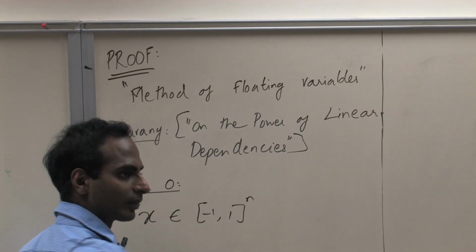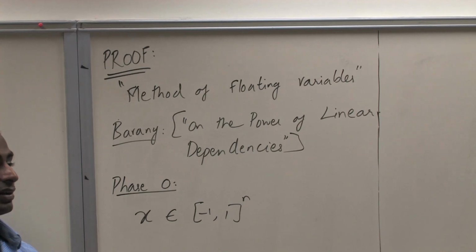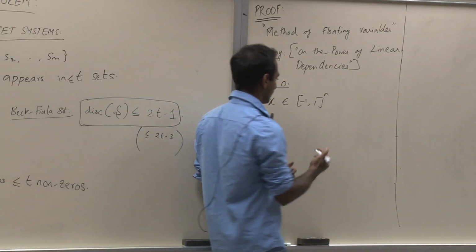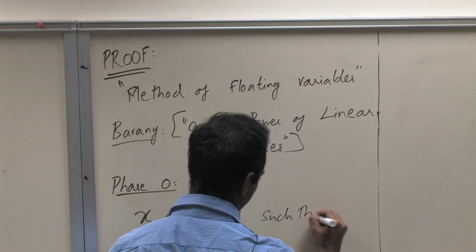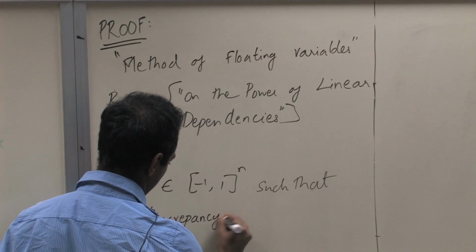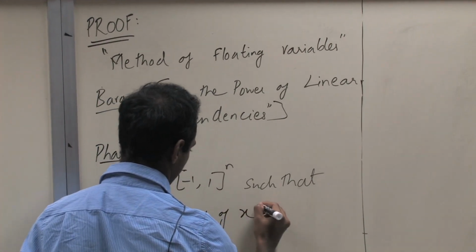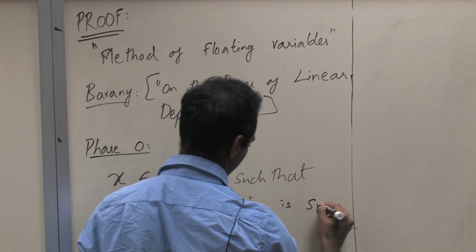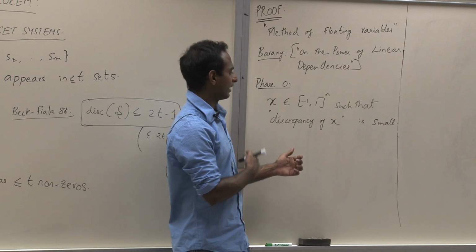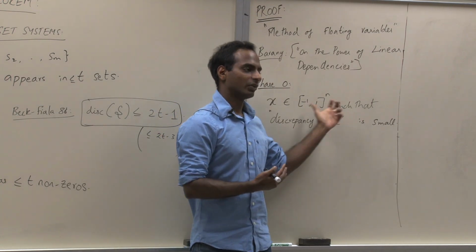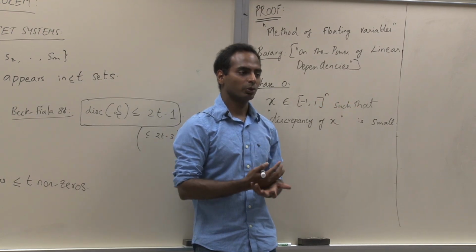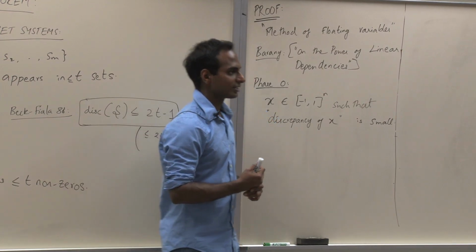Now each x_i is a real number, it's not just 1 or minus 1, but it can take any value between minus 1 and 1, such that the discrepancy of x is small. And we will carefully modify such a vector x to get a vector which is in {1, -1}^n. So we'll slowly make it more and more integral. And this is what we'll mean by rounding.